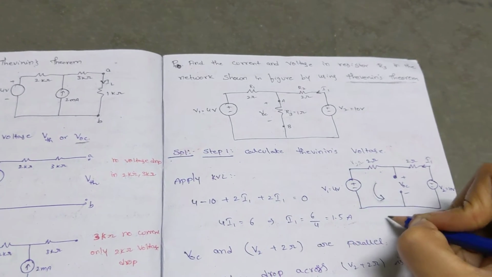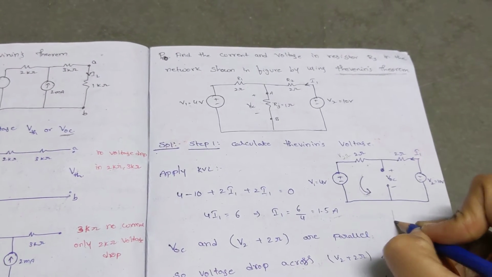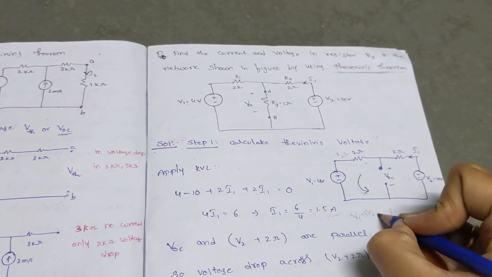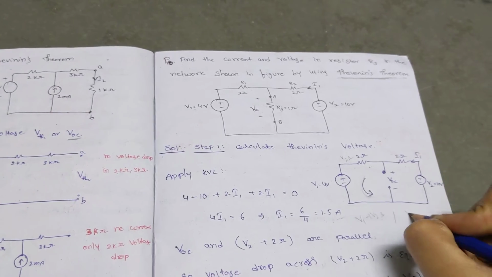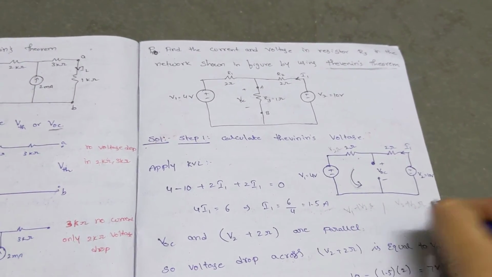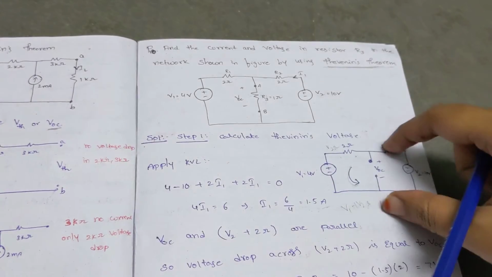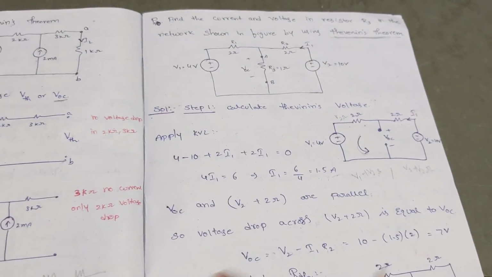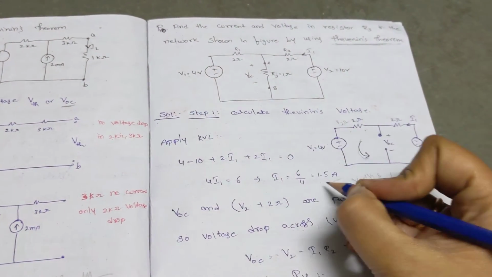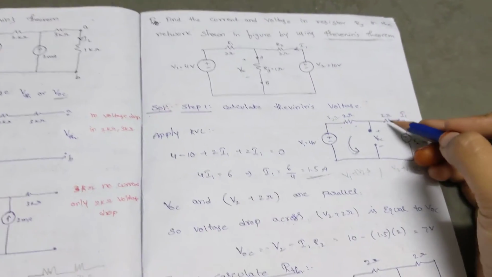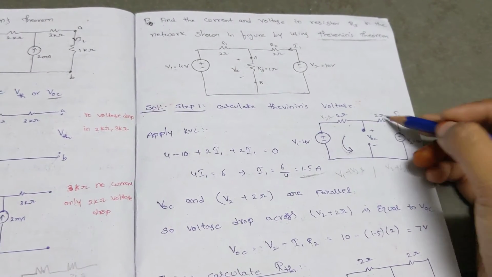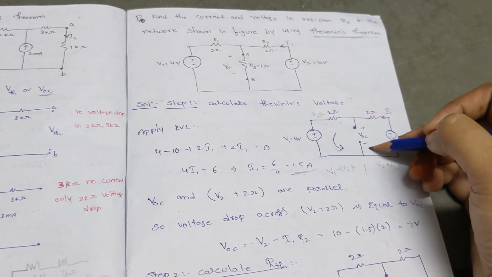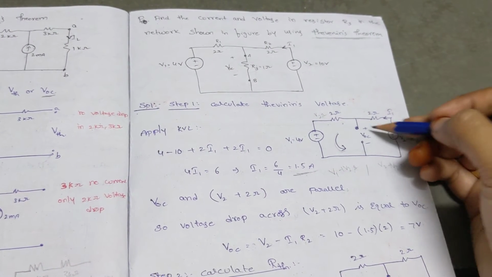This VOC is nothing but either V1 plus V2 ohm or V2 plus V2 ohm, either way, because these two appear as parallel branches. Now what will be the voltage drop? I have the current here. If I find out the voltage drop in either 2 ohm resistor, I can find out directly what the VOC will be. I think you may understand this.